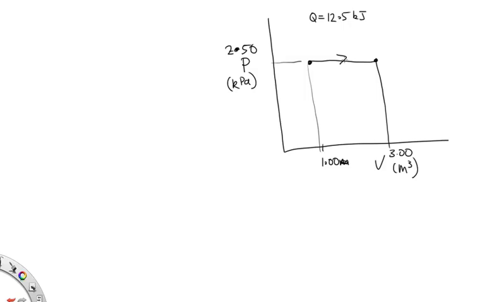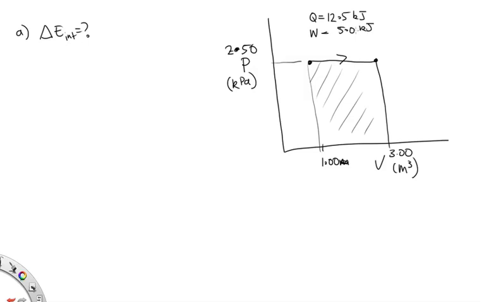Okay, now part A asks us to calculate the change in internal energy for this case. We've got Q, we can easily calculate W, as W is just the area under the PV graph. So in this case, it's 3 minus 1, which is 2, times 2.5, which gives us 5.0 kilojoules.